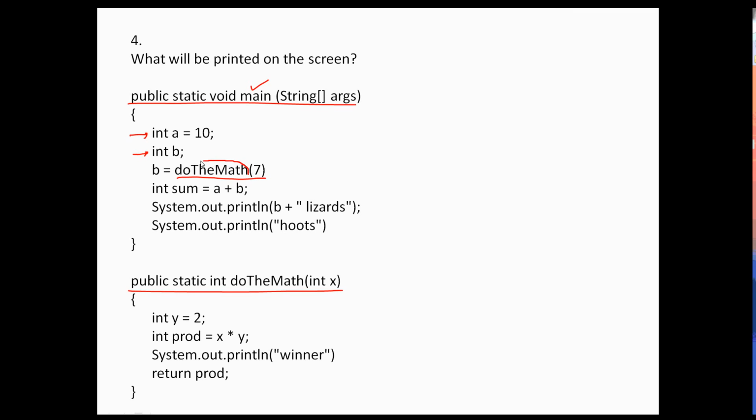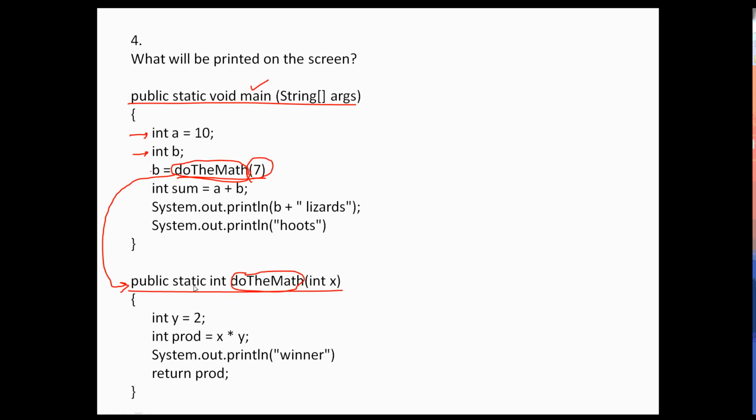Because it has the name of a method, and because it's got parentheses. So that means that this method call will invoke this line of code, the header, or the method declaration.